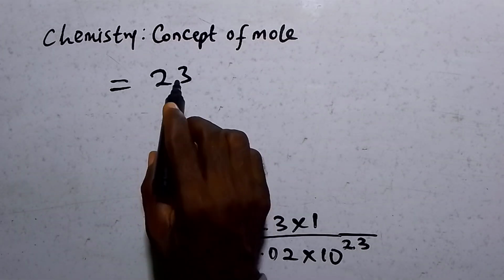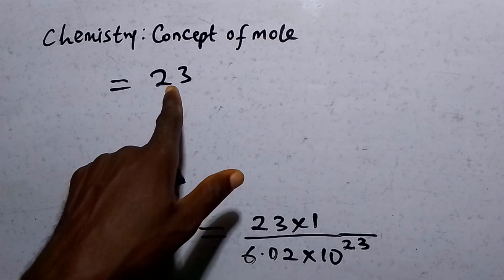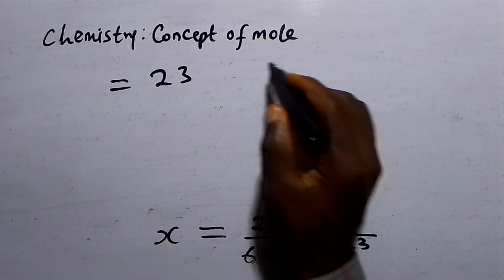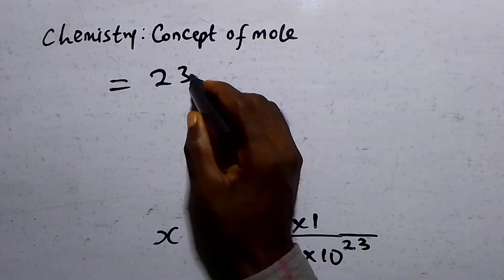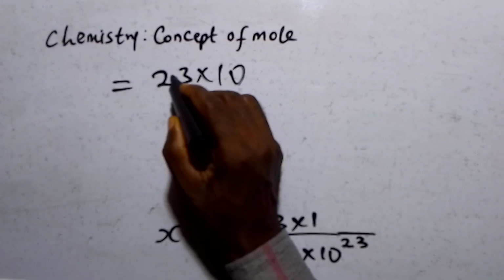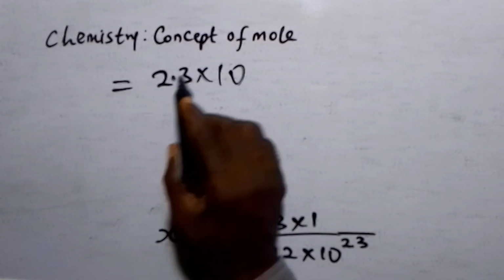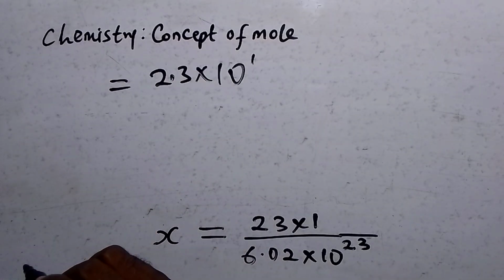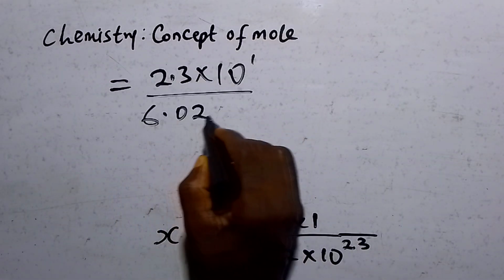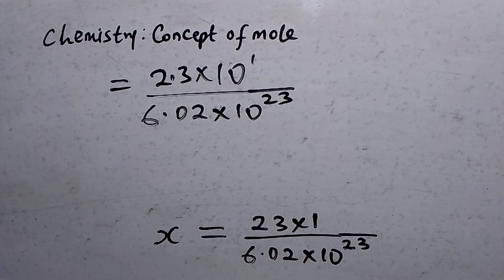Then this 23 is in standard form, so you have to put this one in standard form too. How do you put it in standard form? You bring a point from somewhere and put it here, then you write times 10. Remember, when you put this point here, you jumped one digit, so you put 1. Then all over 6.02 times 10 to the exponent of 23.